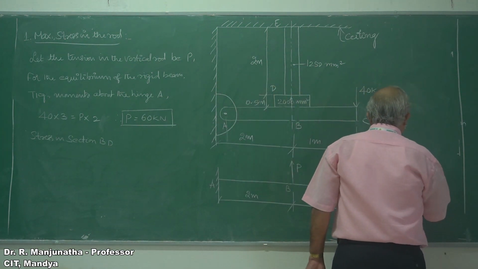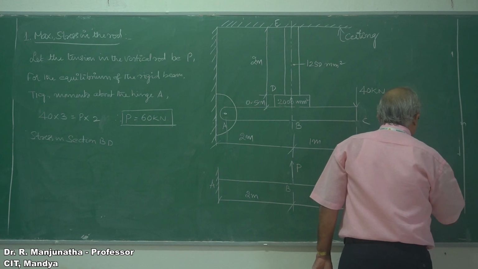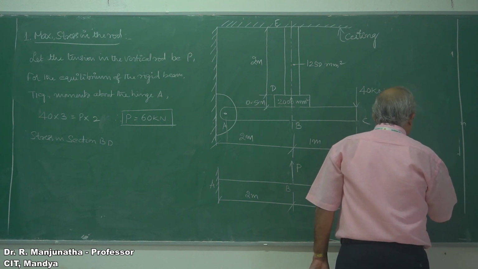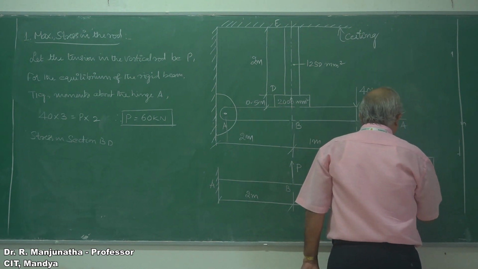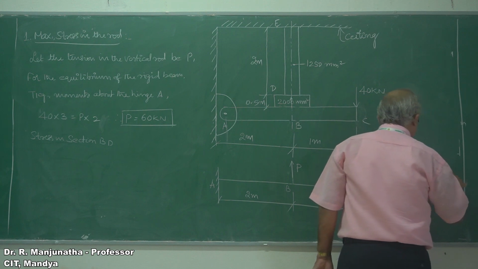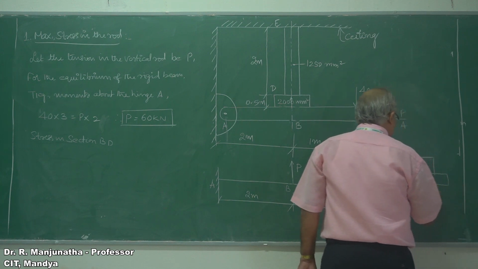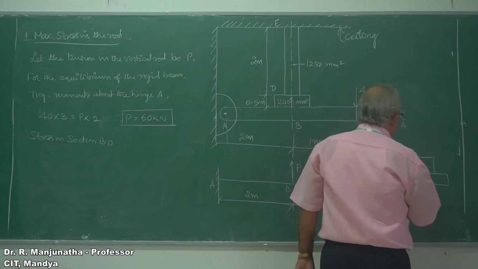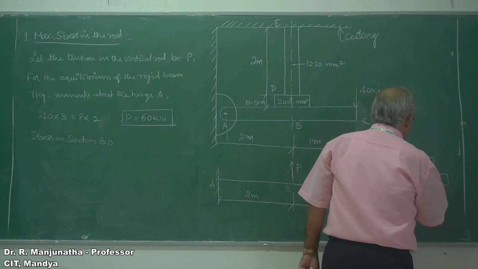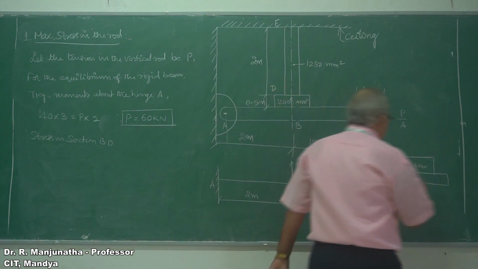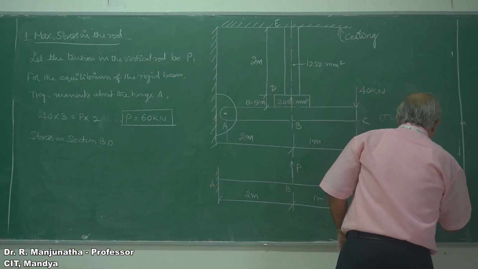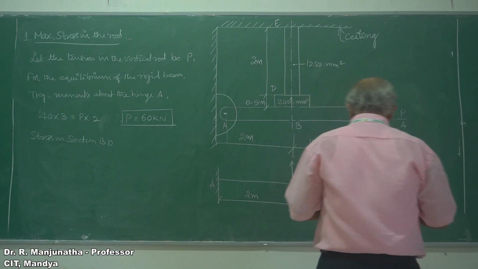At B, we have the load acting in this direction, which will be 60 kilonewton. Now the rigid bar acts in this direction. To keep this in equilibrium, we will have a load acting in the opposite direction, which will be 60 kilonewton, and that will be the tensile load.